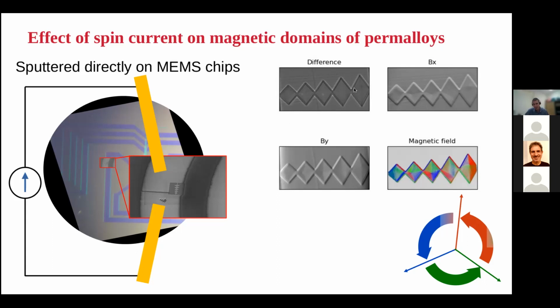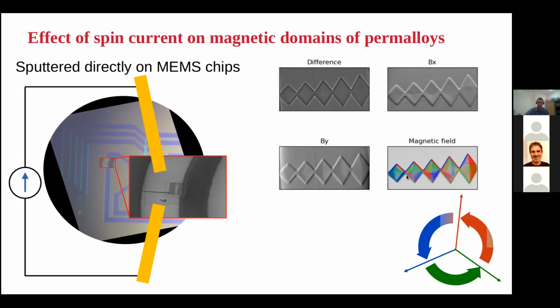And then we can extract the magnetic field, and this color wheel gives you the magnetization direction depending on the color. So you can see that the magnetization is going around the vortex at the middle of the lozenge.